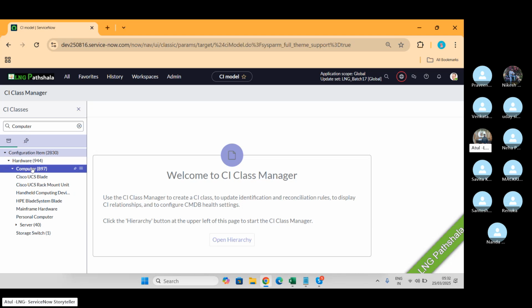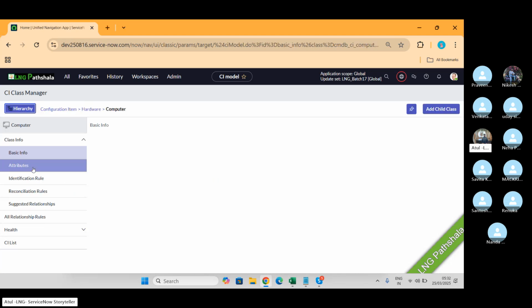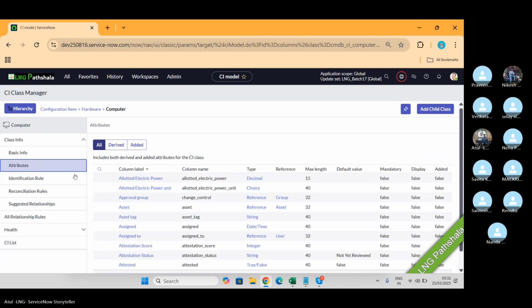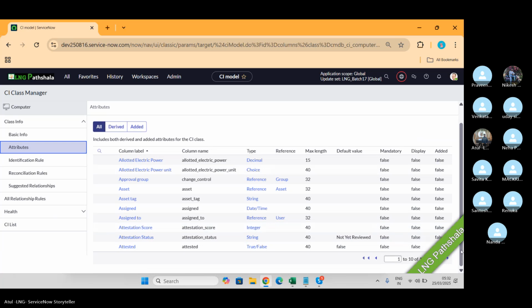So if I click on the computer, the computer class has its own attributes. Look at this, it has 100+ attributes.